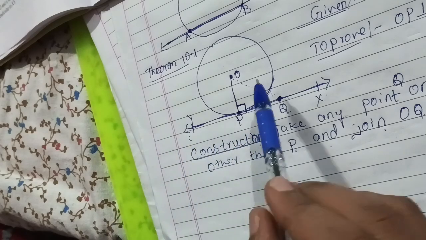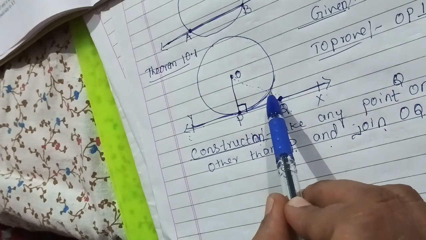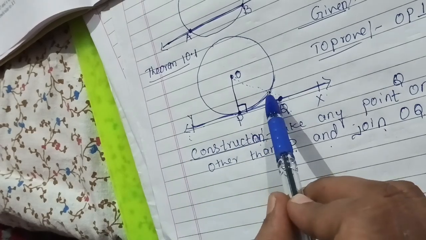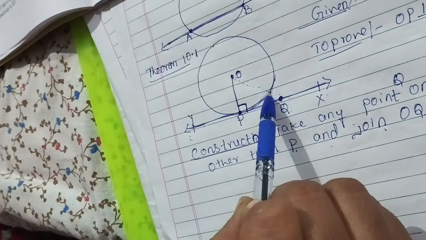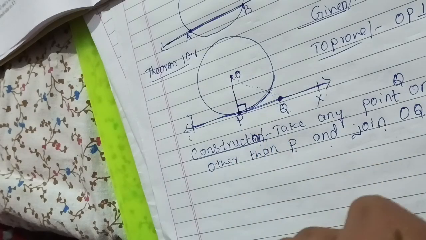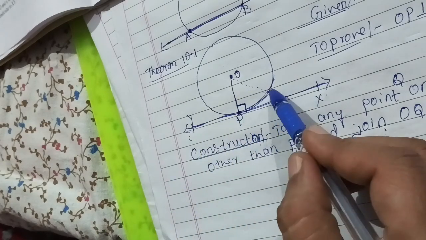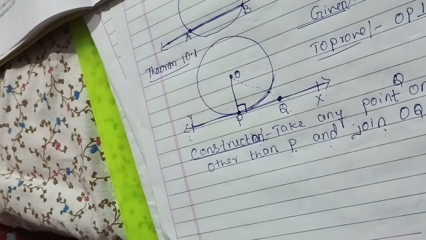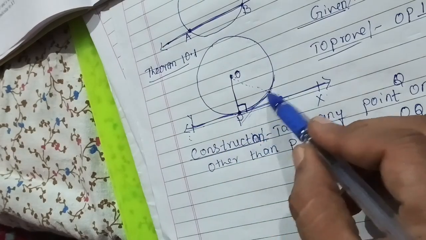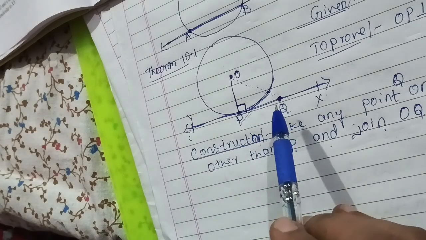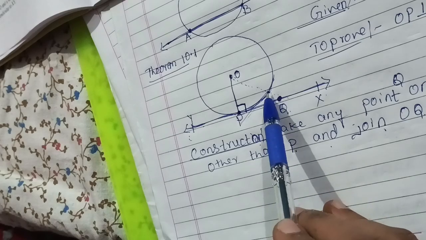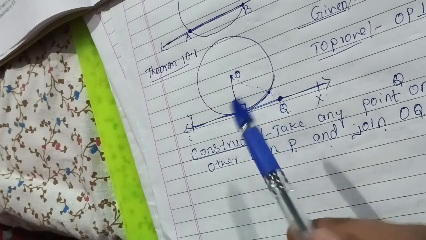If Q lay on the circle, the line would be a tangent there, or it could be a secant, which cuts through the circle. But since P is already the point where it touches the circle, Q must lie outside.